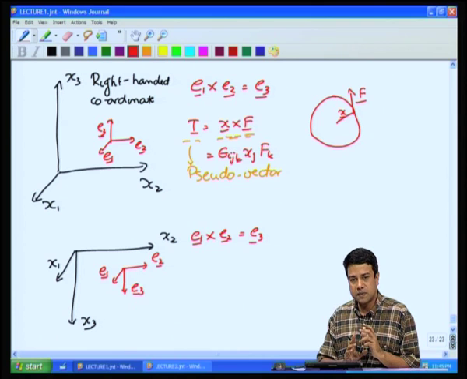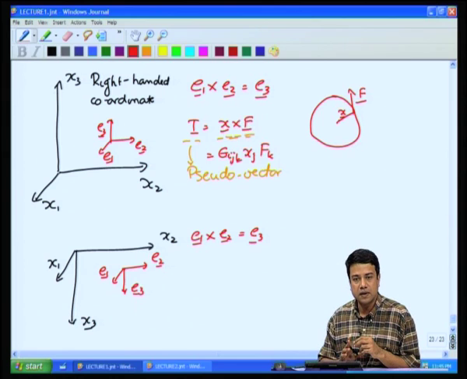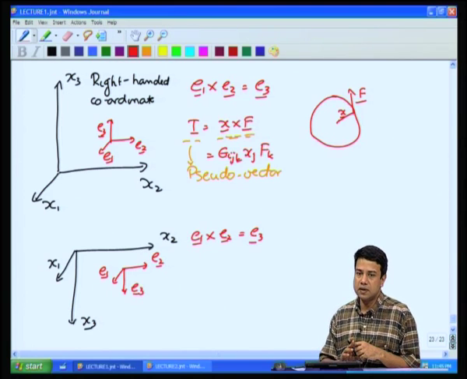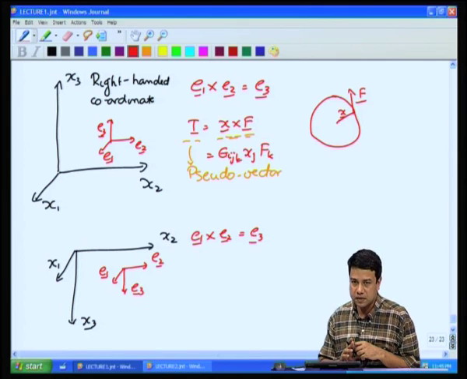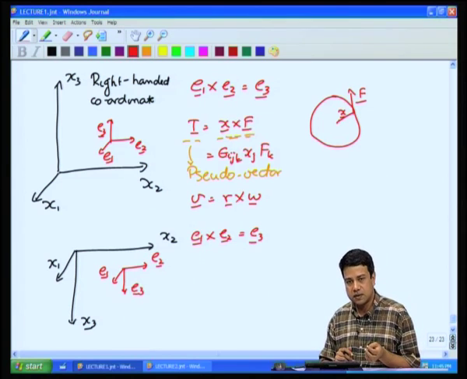If you take the cross product of two real vectors, as in this case x and f, you will get a pseudo vector, whose direction will change if you go from a right handed to a left handed coordinate system. On the other hand, the linear velocity, for example, is written as r cross omega. The linear velocity is often written as v is equal to the displacement crossed with the angular velocity.